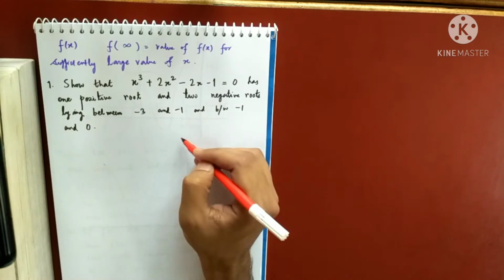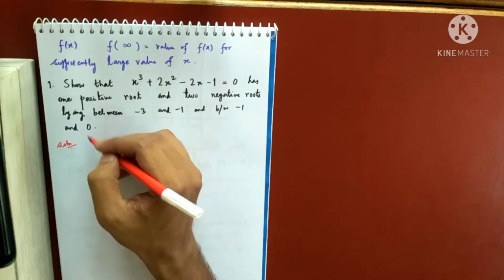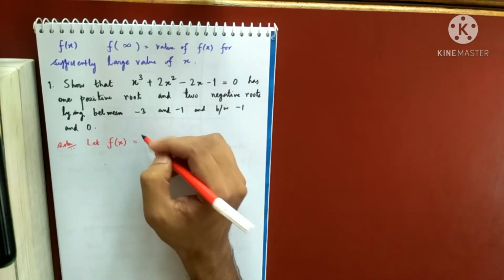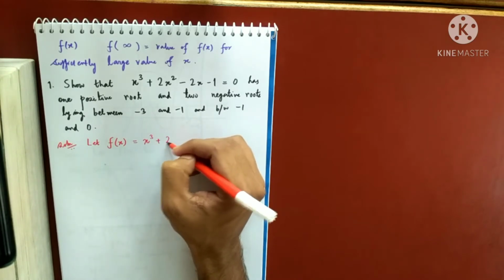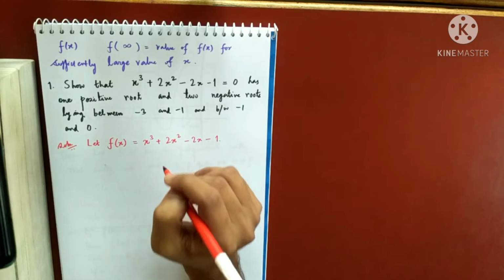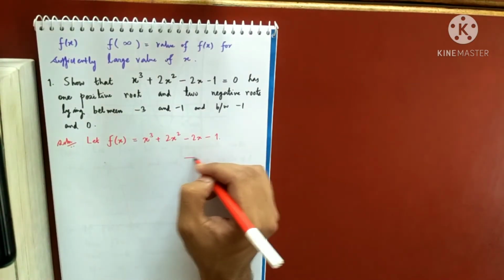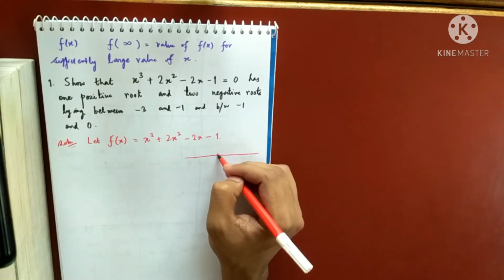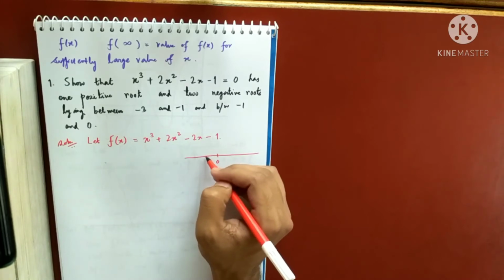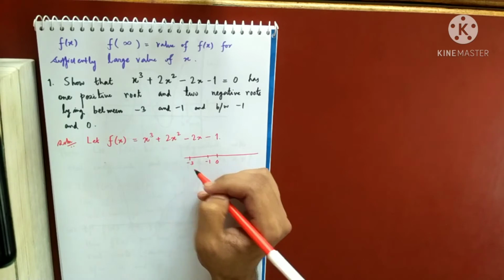So, solution. Let me give this some name. Let f(x) equal x cube plus 2x square minus 2x minus 1. See what is the thing here. I have 0, here I have minus 1, here I have minus 3.